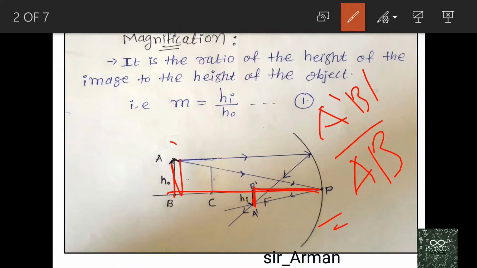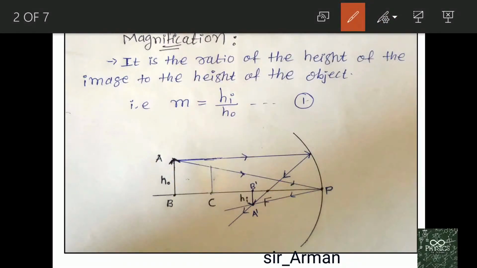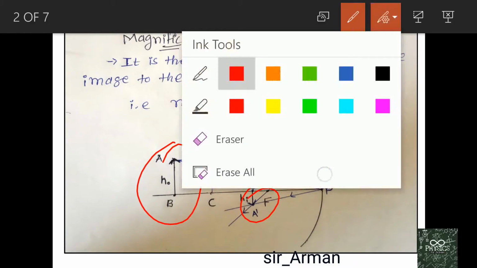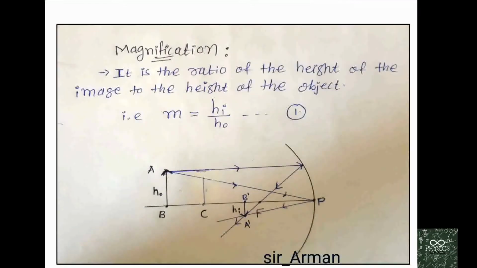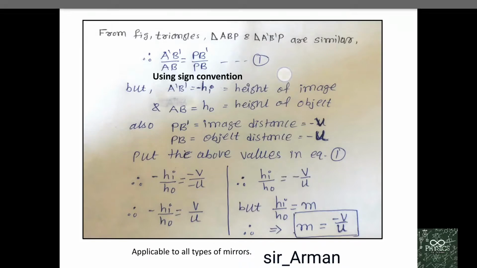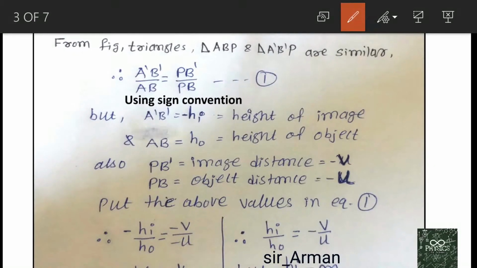A'B' is equal to hi, the size of the image, and AB is the size of the object. So I can write here A'B' by AB is equal to hi by ho. From the figure we can find two triangles, triangle ABP and triangle A'B'P, are similar.